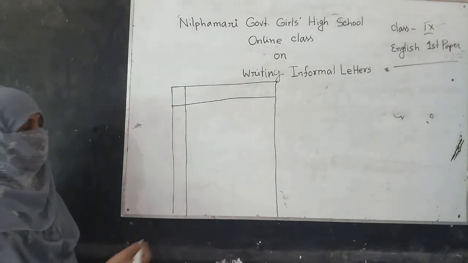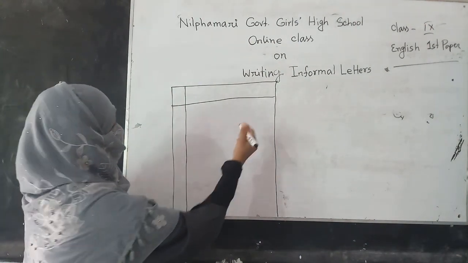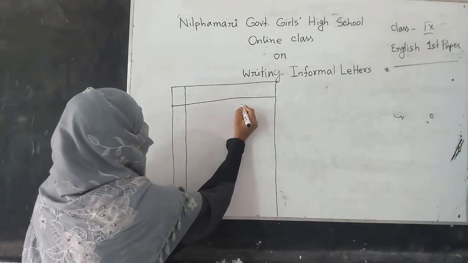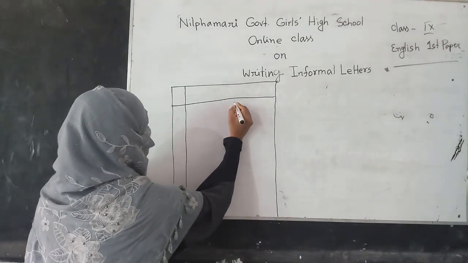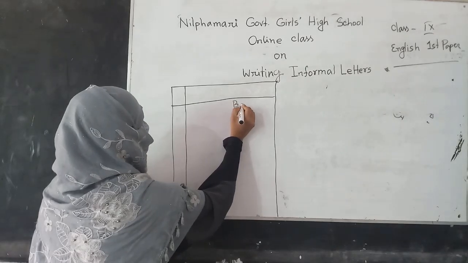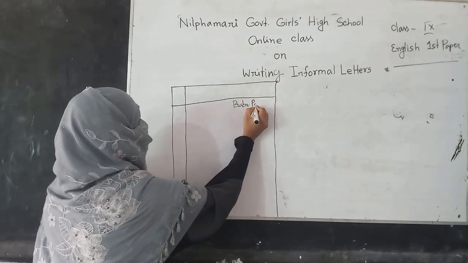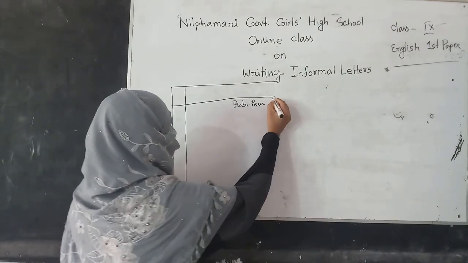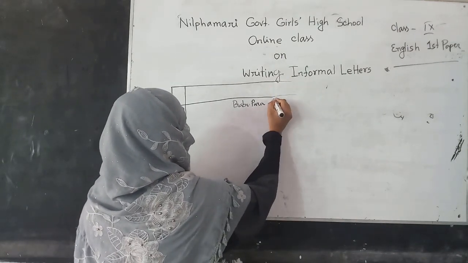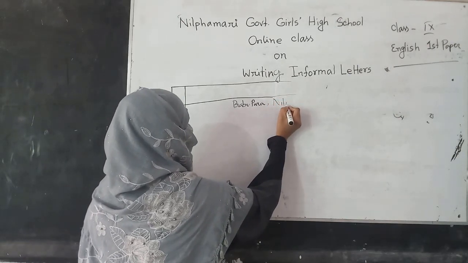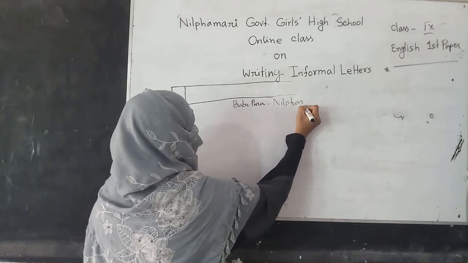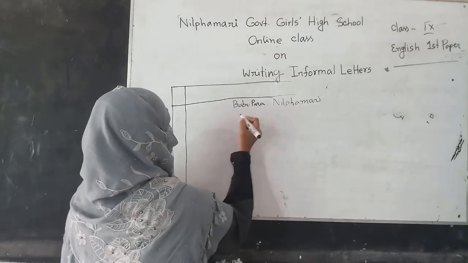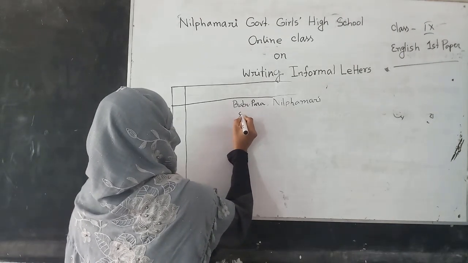In British style, you have to write down the address of the writer here, like this. Babupara, Nilphamari, and the date is here.